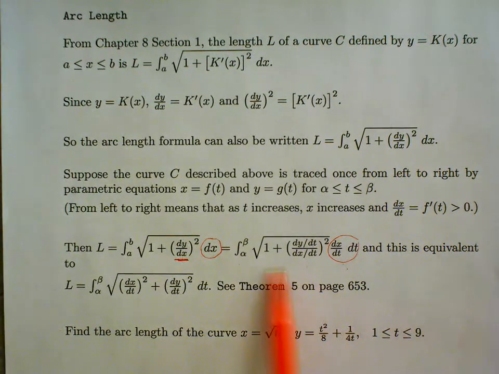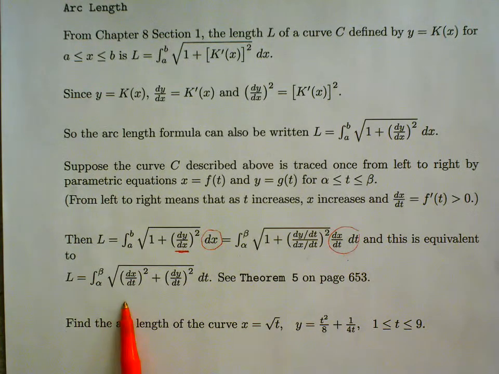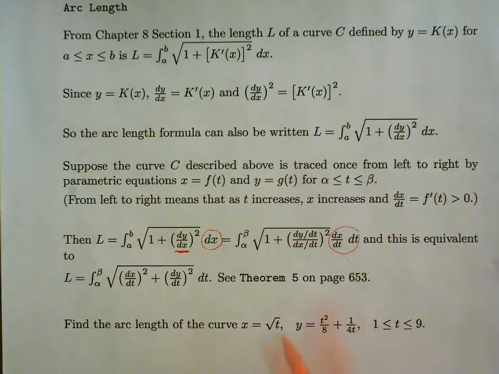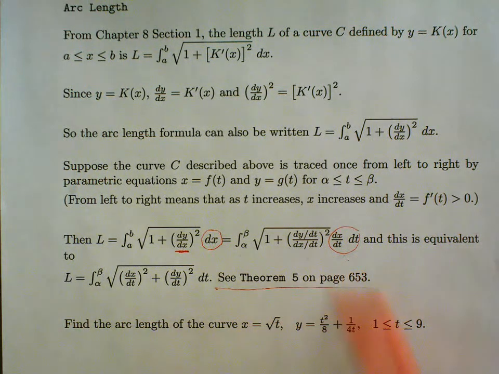But this is equivalent to a simpler formula for the arc length. This is the definite integral of the square root of (dx/dt) squared plus (dy/dt) squared as t ranges from alpha to beta. You can check this out in the textbook, Theorem 5 on page 653.